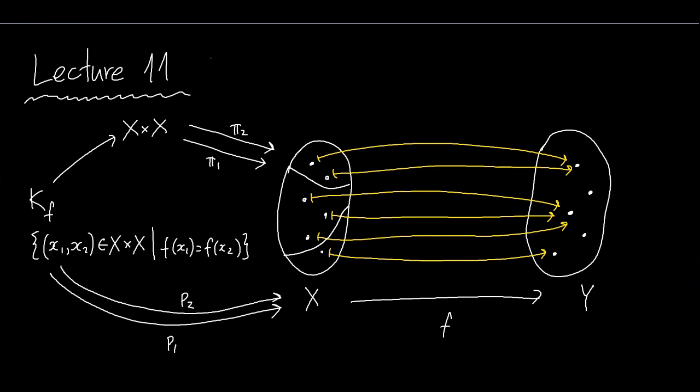I'm going to open up Carlisle now, and while I do that, I'd like to ask those attending to remind yourselves how we constructed Kf as a pullback.